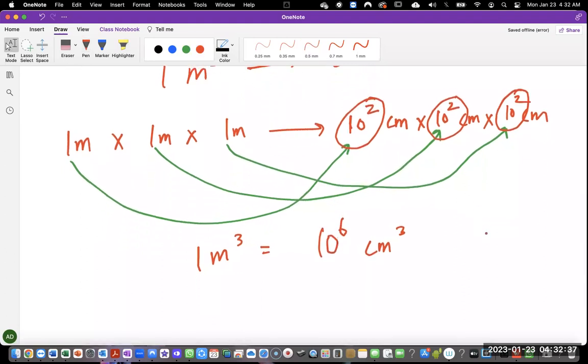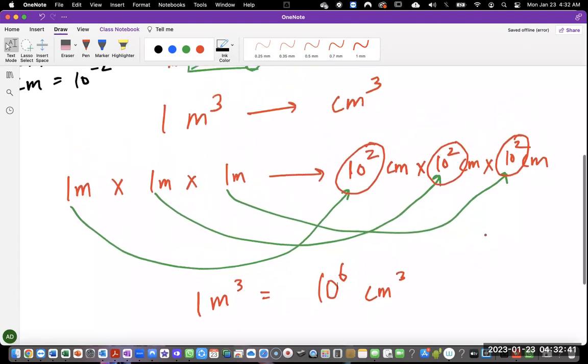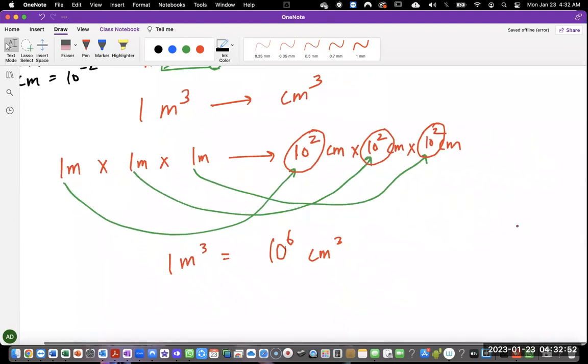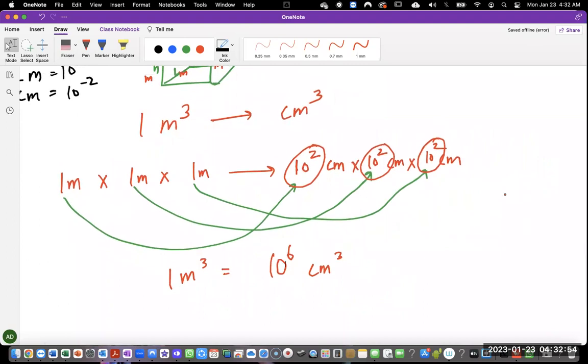So guys, I hope this is conceptually making sense to you. This step here is actually showing you how you can change a cubed unit to a unit which is also cubed. Okay, so again, when you're trying to do a conversion factor where prefixes are involved and they're cubed, then you have to follow this methodology.